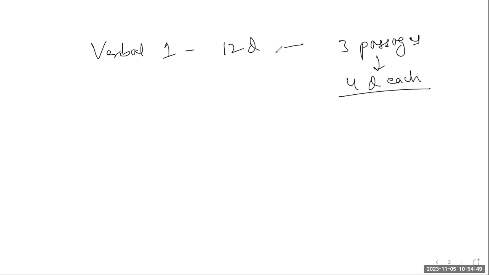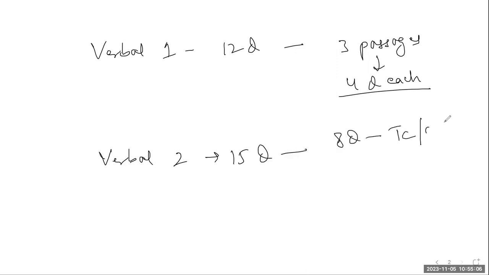I may not give you even one single TC and SC question in the first verbal section. Then I take you to the second verbal section where there are 15 questions. Out of these 15 questions, I give you 8 questions of text completion and sentence equivalence, and the remaining 7 questions I can spread over 3 passages. That's possible.